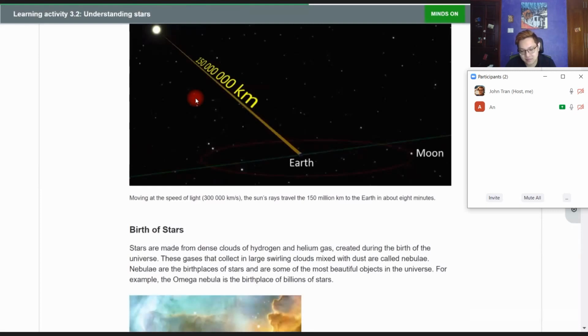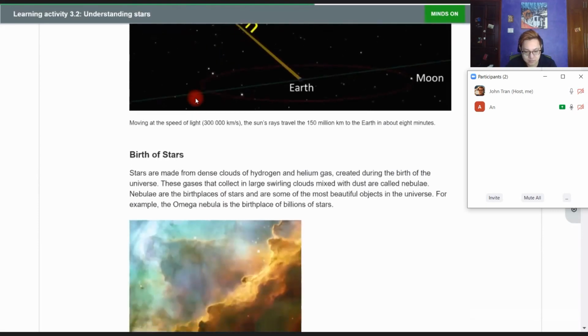For example, the Omega Nebula is the birthplace of billions of stars.